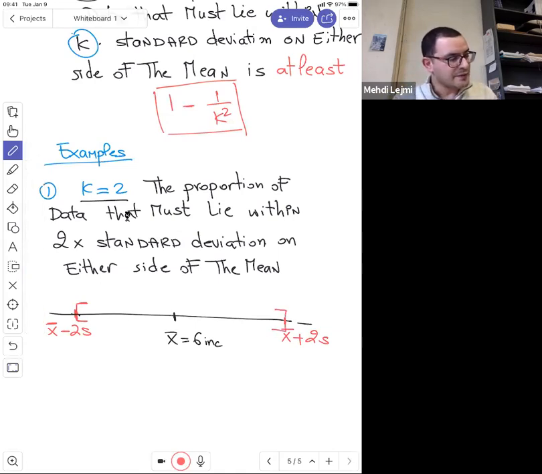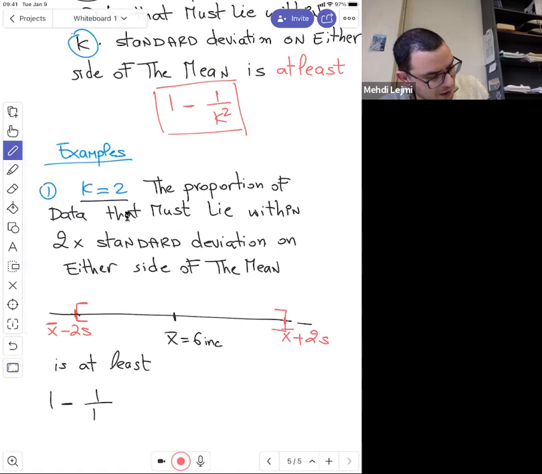And so on either side of the mean is at least 1 minus 1 over k squared. In this case, k is 2, so that's 2 squared. This would be 1 minus 1 over 2 squared. It's 2 times 2, that's 4. So 1 minus 1/4. Of course, you need a common denominator.